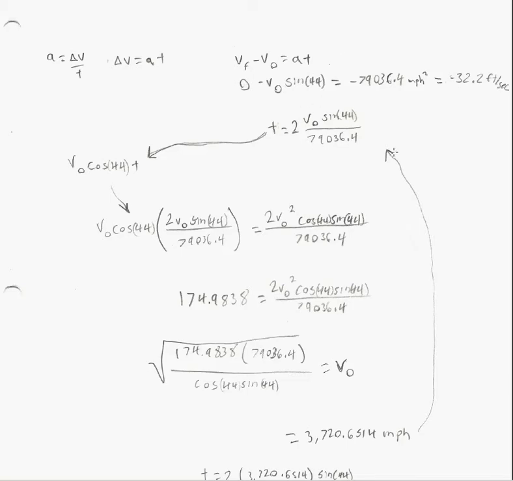And so you take that, and since at the peak of the launch there's no more acceleration, it's just going to fall right back down. So we multiply it by 2. Okay, so now this is our new t right here. This is 2 times v naught sine 44 over 79036.4.